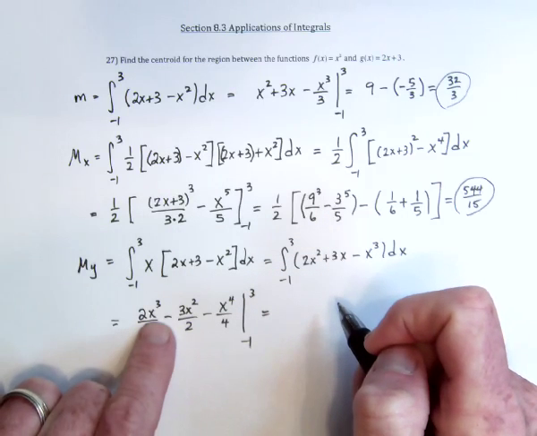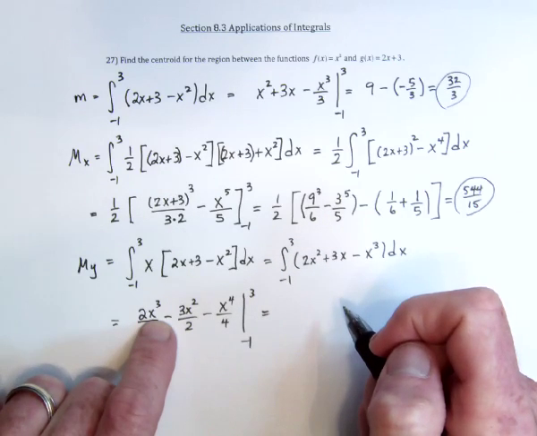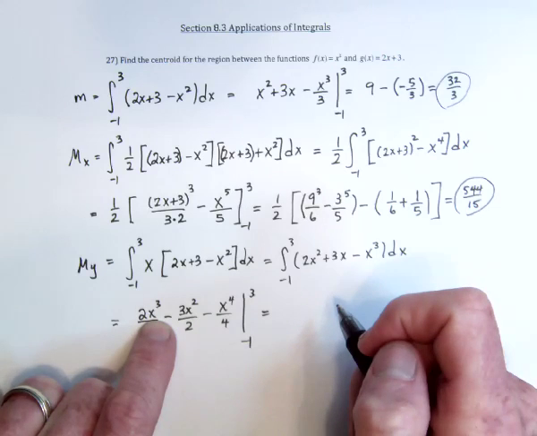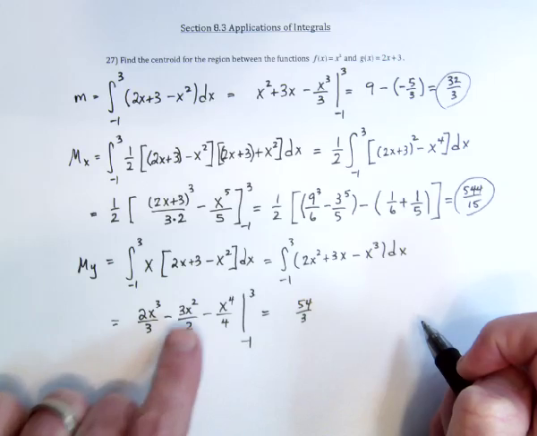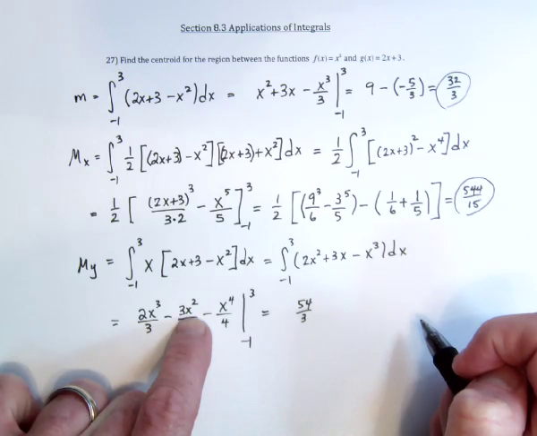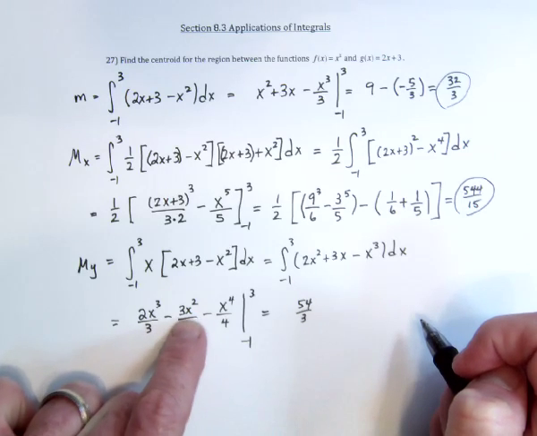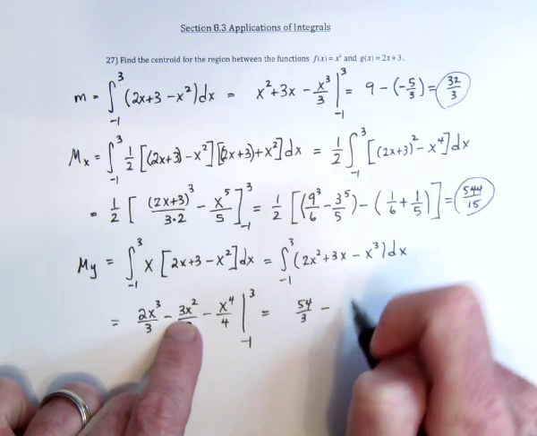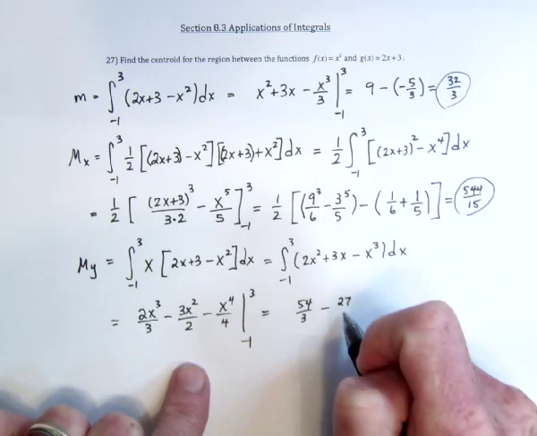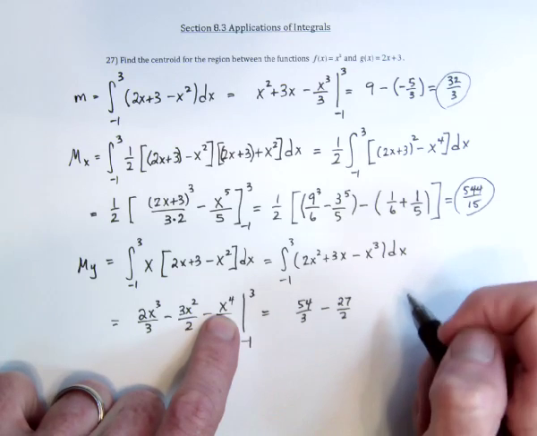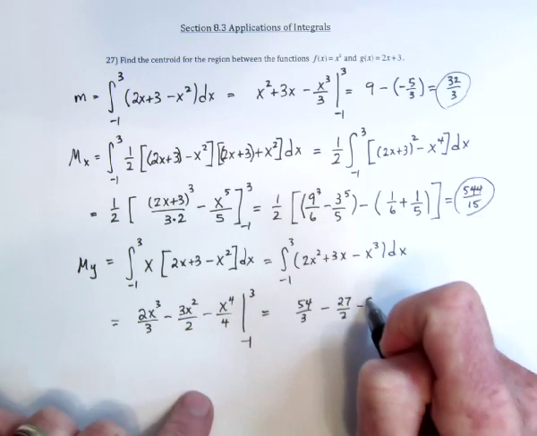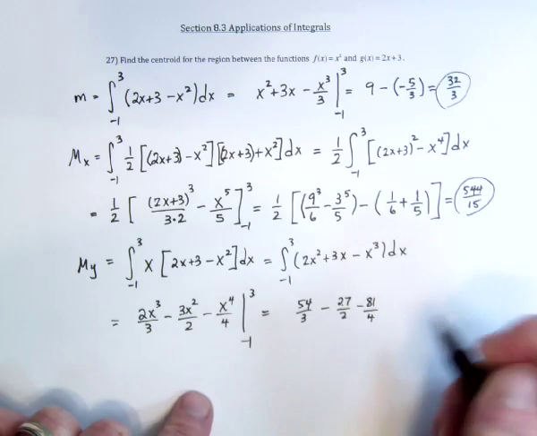So this is going to be 3 cubed is 27, 27 times 2 is 54/3. This is going to be 3 squared is 9, but then 9 times this, so we have minus 27 over 2. And then 3 to the 4th is 81 over 4.